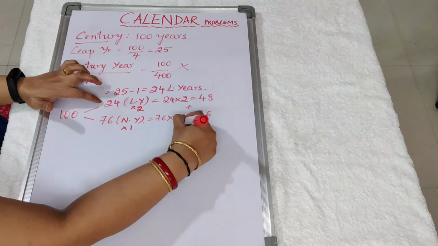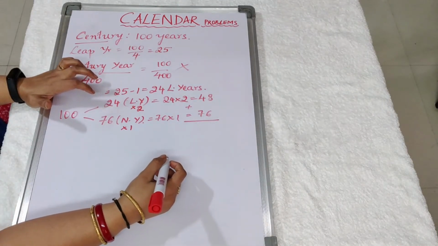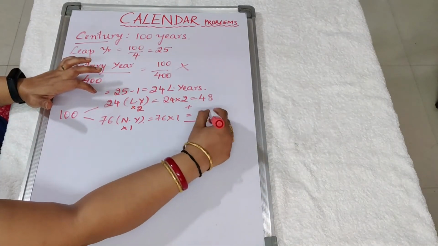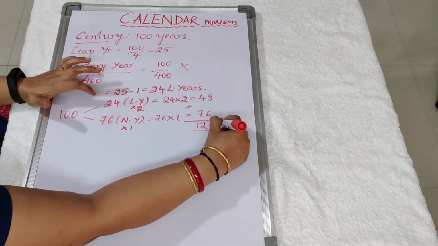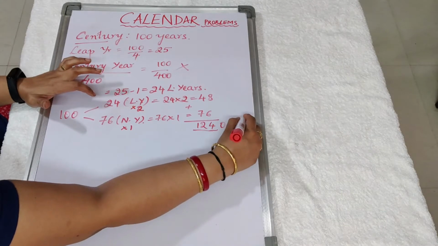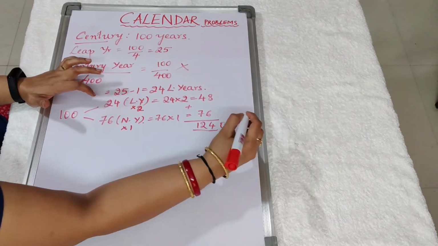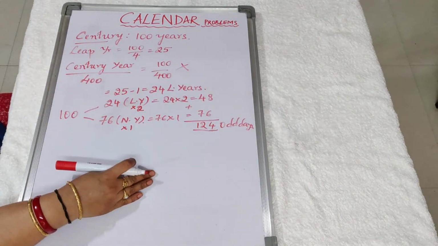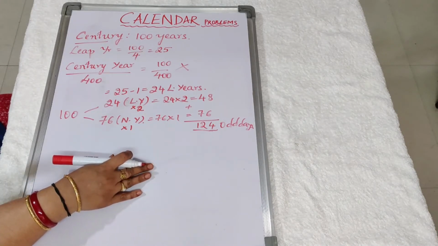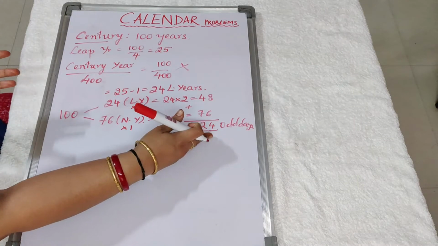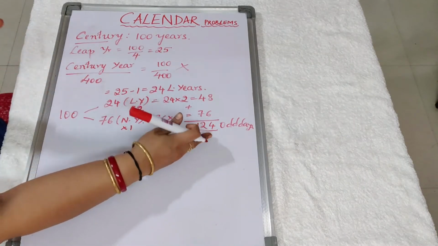So how many odd days do we have here? It is 48 plus 76, 124 odd days in a century. This is very important. Now it is very difficult to solve with 124, so we need to reduce the number.